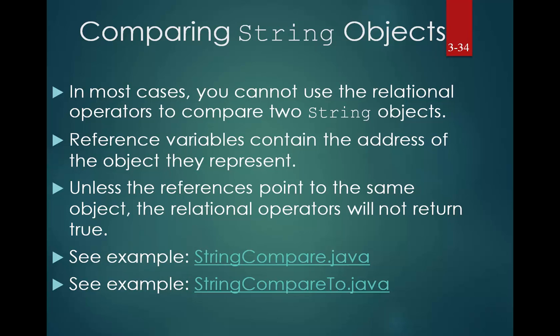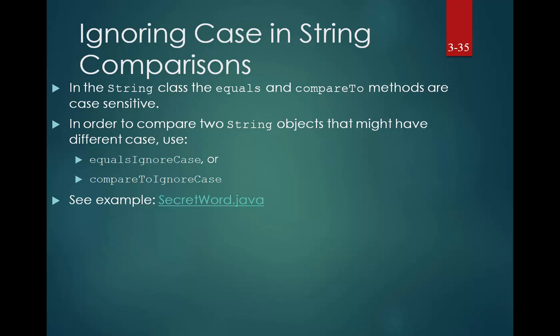If you tried to compare string variables directly, it would be trying to compare the reference to the string, which isn't going to make sense in your program. So the methods in the String class that allow you to do comparisons have names like equals and compareTo.